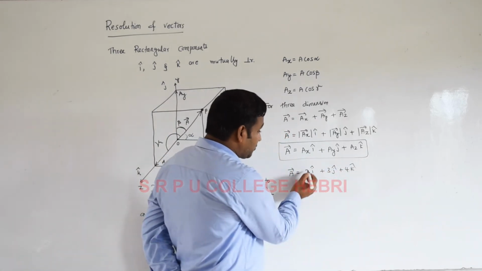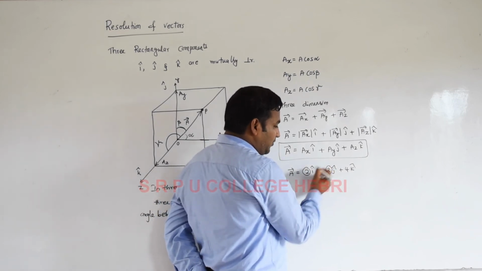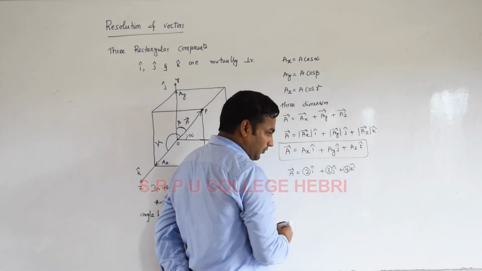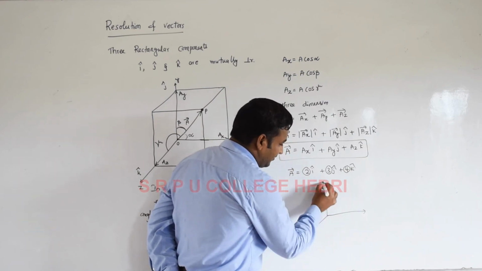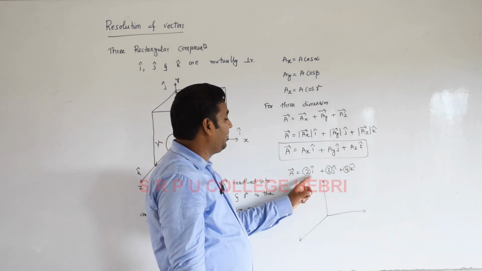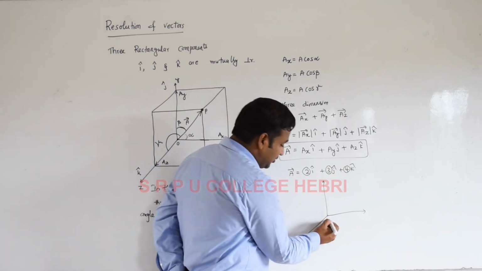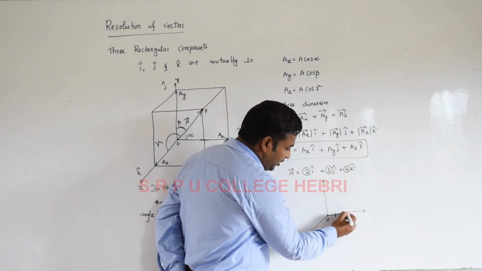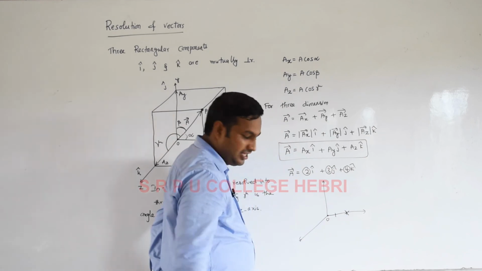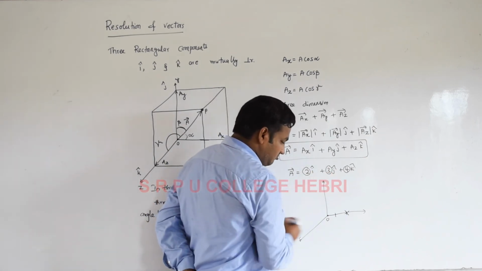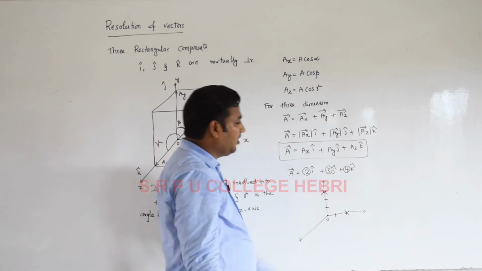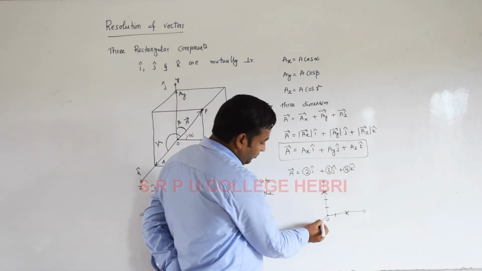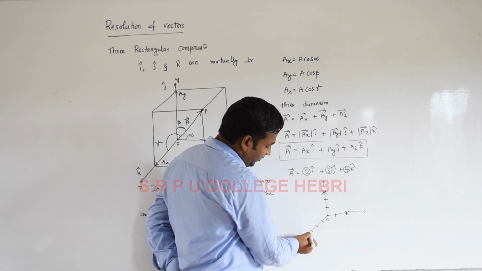They give you ax value is equal to 2, ay value is equal to 3, az value is equal to 4. When drawing the diagram, what happens: x, y, z axes. Along the x-axis the component of vector A is 2, taking 0, 1, 2 is here. Along the y-axis the component is 3, 1, 2, 3 is here. Along the z-axis the component is 4, 1, 2, 3, 4 is here.